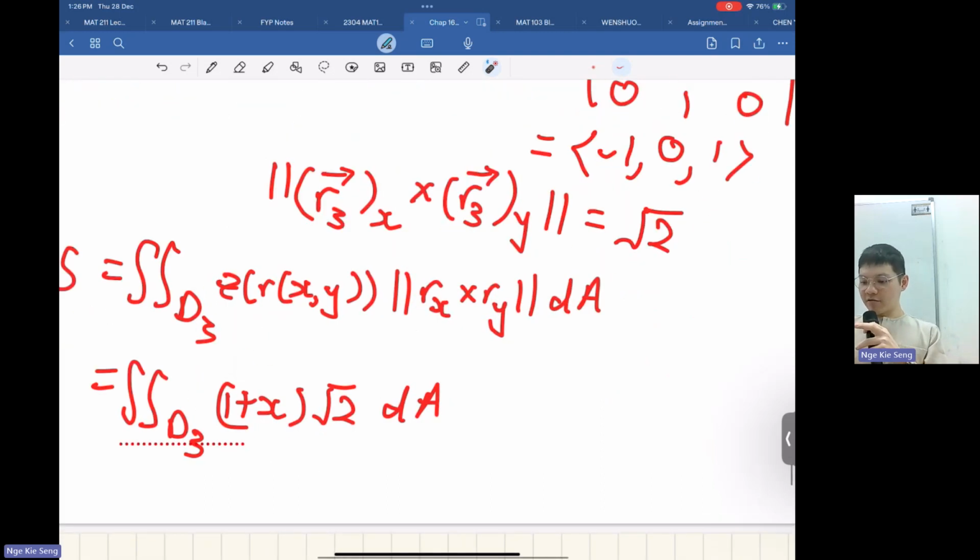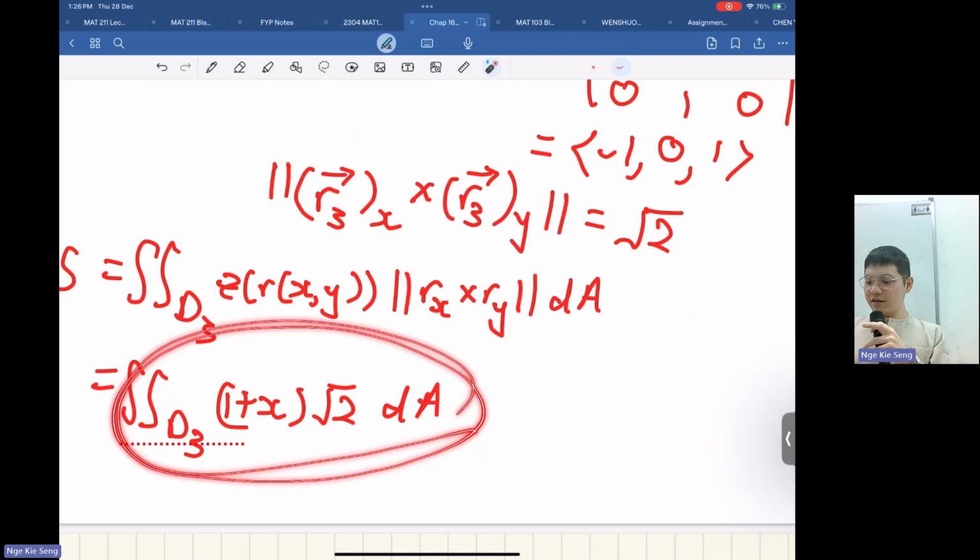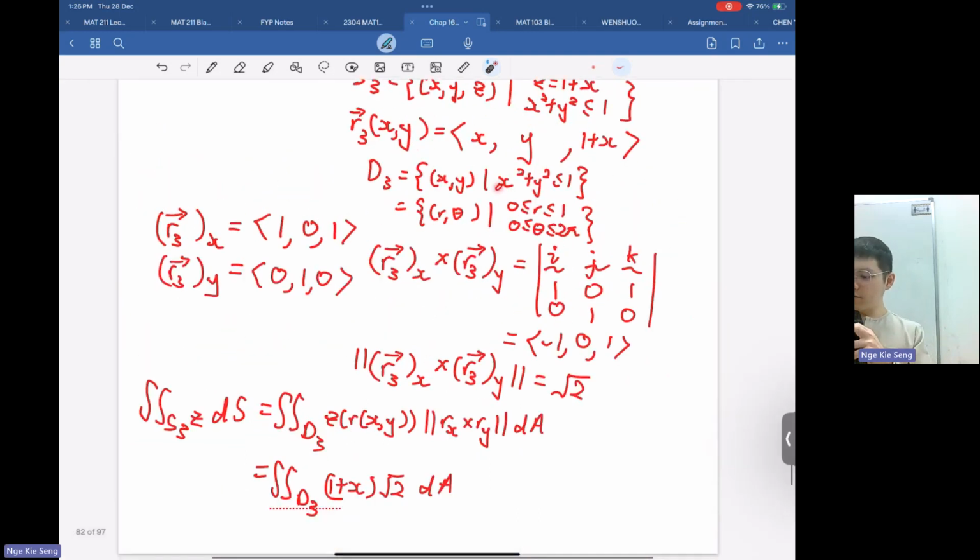Now, here this function is in terms of x, but we need to integrate over a disk, so we want to do it in polar coordinates. In the flat surface we want to change variable again, so we need another Jacobian.